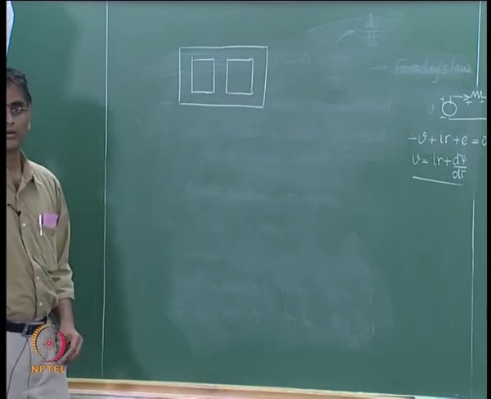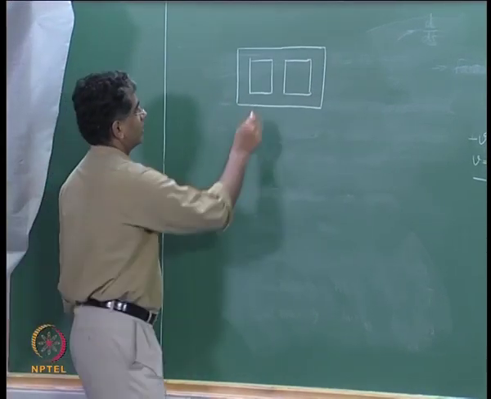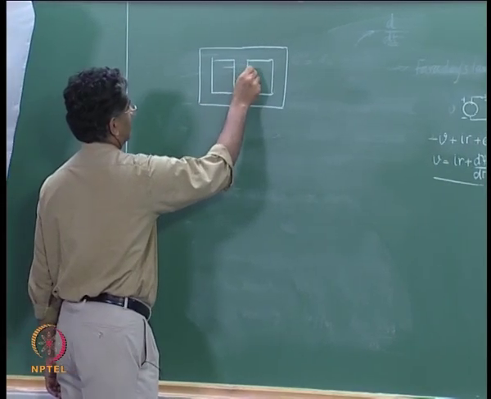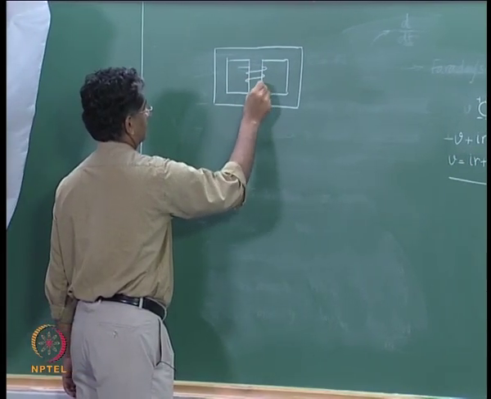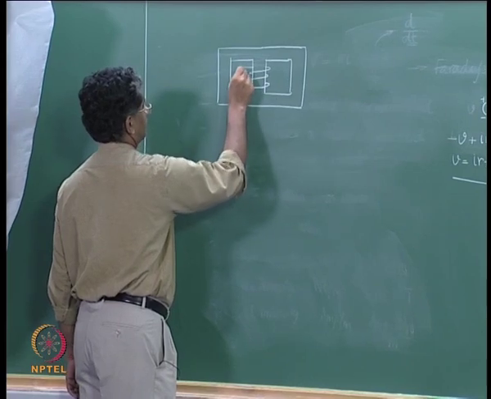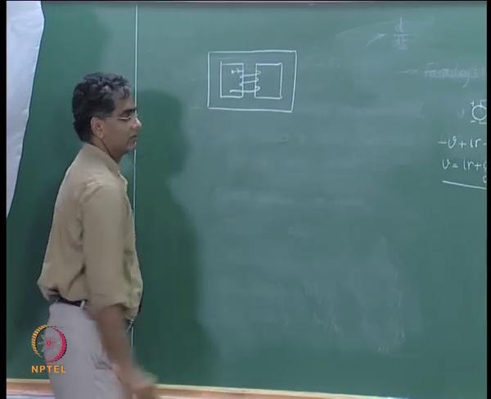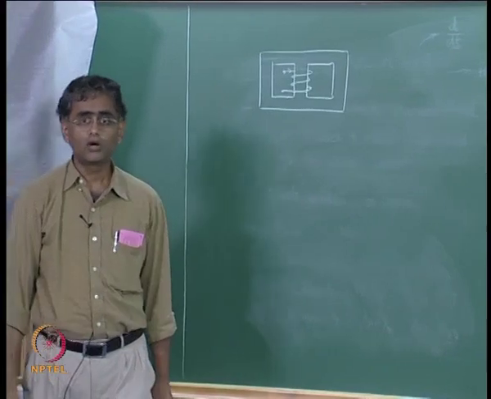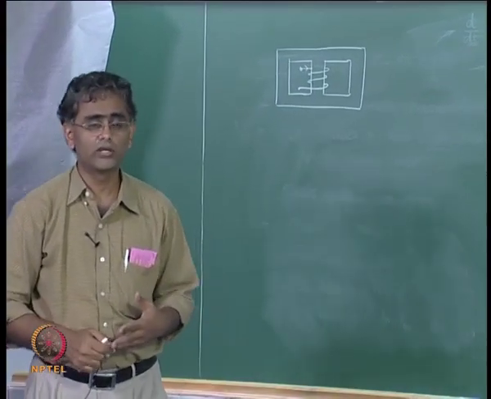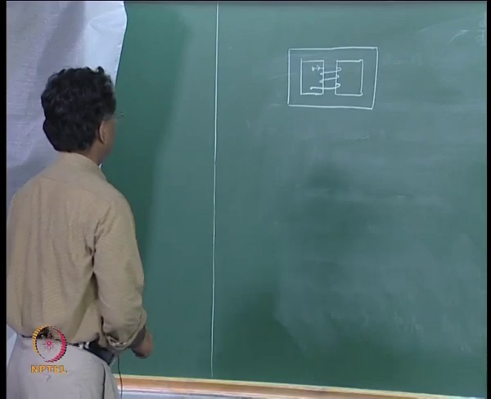This is now an iron core, and you have a winding that is here. There is a current flowing in this. So how does one now determine what the equivalent circuit is? It is very simple.